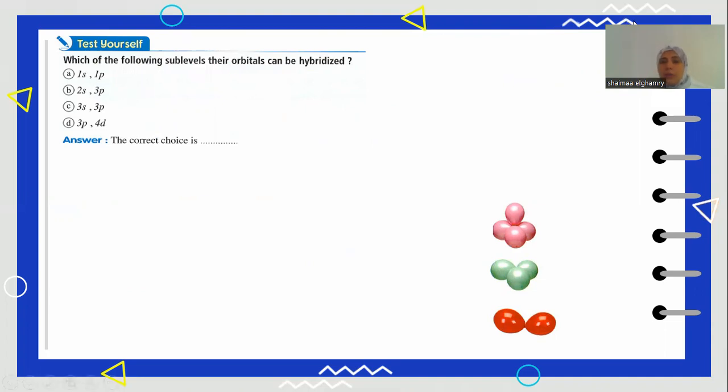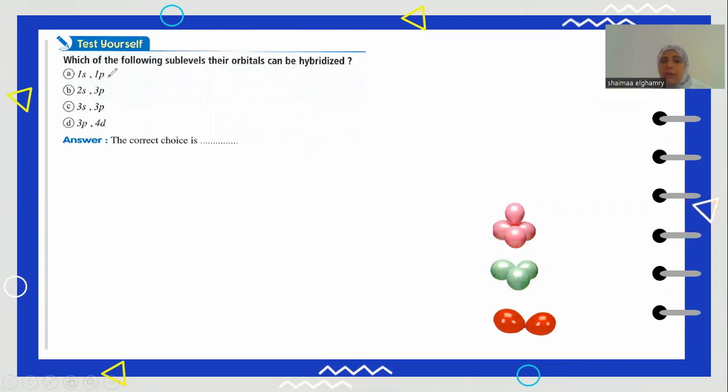Which of the following sublevels have orbitals that can be hybridized? We said that they should be in the same atom and they should be close to each other in energy.